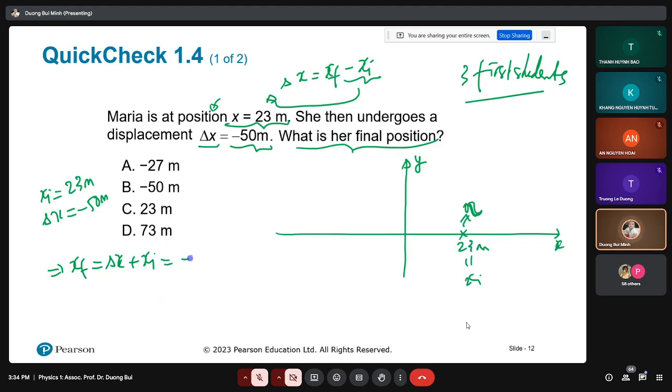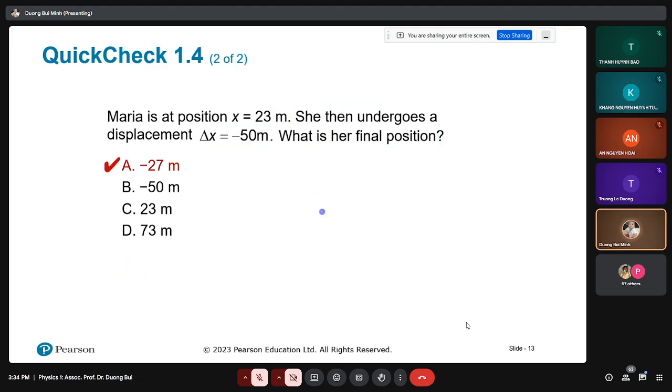So delta x is minus 50, x initial is 23, so you get minus 27 meters. After some time, she moves in this direction and gets minus 27 meters. So the answer will be A.